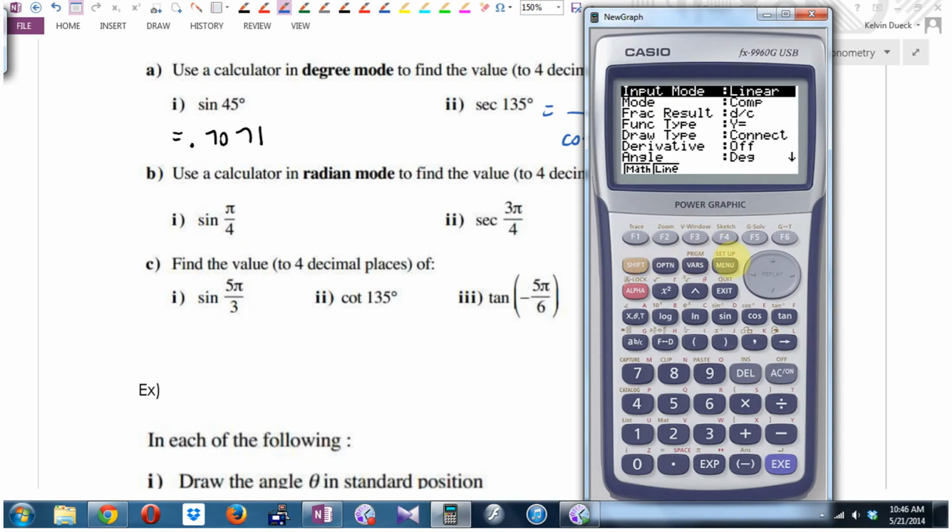Then you're going to have to go down arrow, down arrow, down arrow, down arrow, down arrow, down arrow, until you get to the angle. And I don't want to be in degrees. I want to be rad. Which is what? Okay, so put your calculator in radians, please.